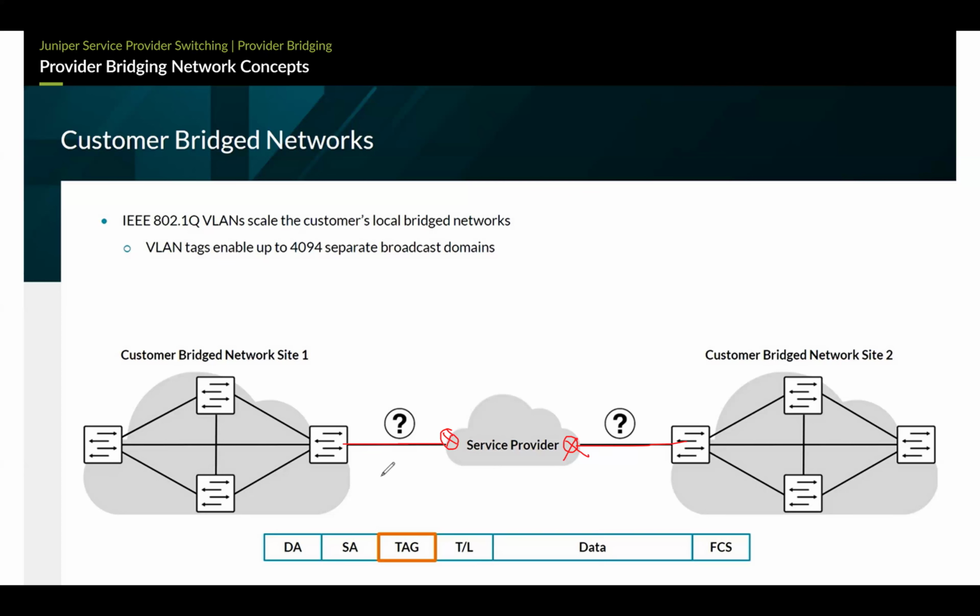In this case, customer bridge network or customer site one is directly connected with service provider, and service provider gives the site one a specific IP address for communicating this subnet, and for customer site 2 they will also keep the same. That means this service provider will work as a layer 3 environment, as a layer 3 environment.